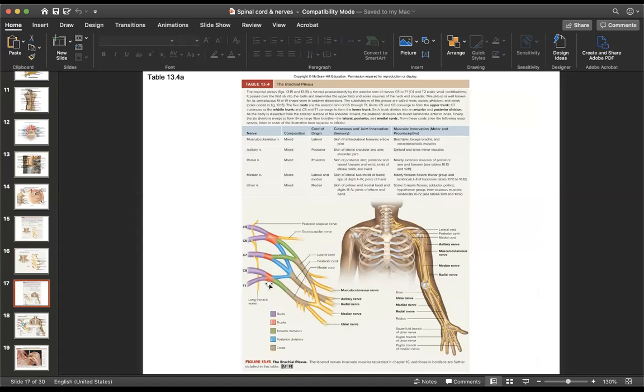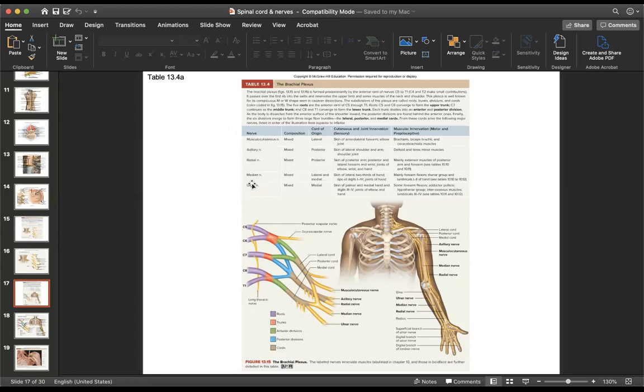So there's a lot of intercommunication. If you look at each of these nerves, they split, they merge with other nerves, they split again. It's a network, and there's basically just a lot of splitting and fusing and resplitting again.